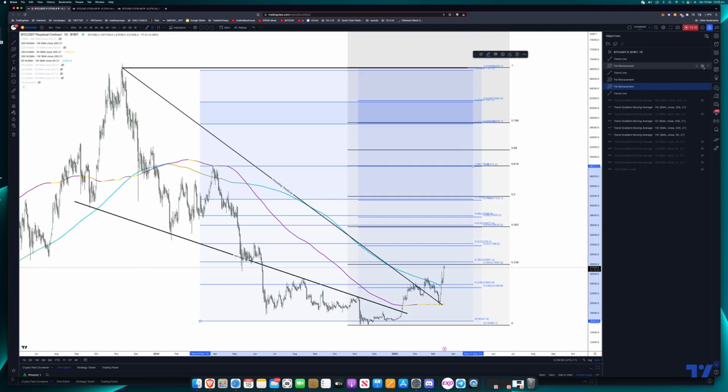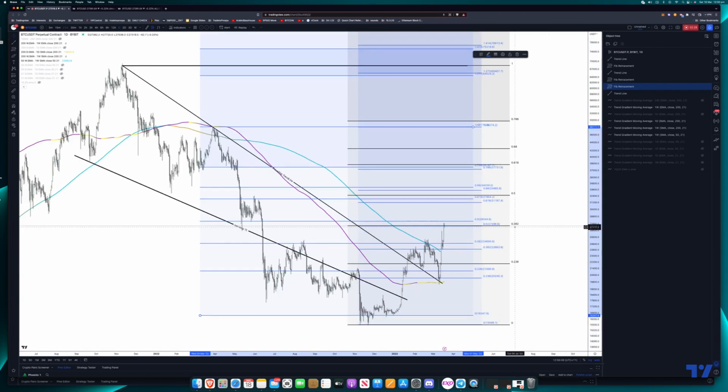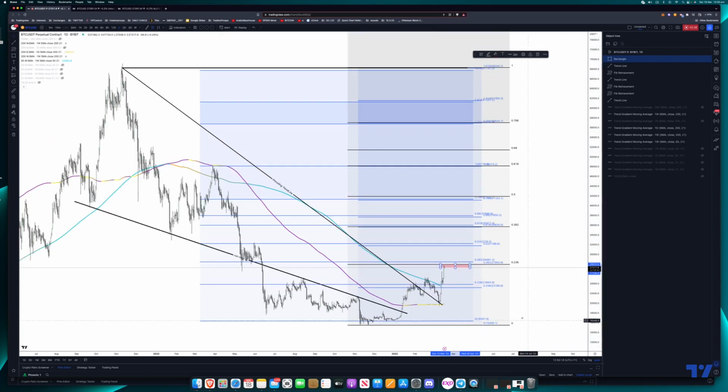Then we add this other macro from the top to the bottom, and you can see the 0.236. And if we put on the log scale, it also equates to the 0.382. So this range is going to be a bit of resistance. Not much, but it is going to be resistance. So let's have a look at that, and we can say, yep, we've got that.